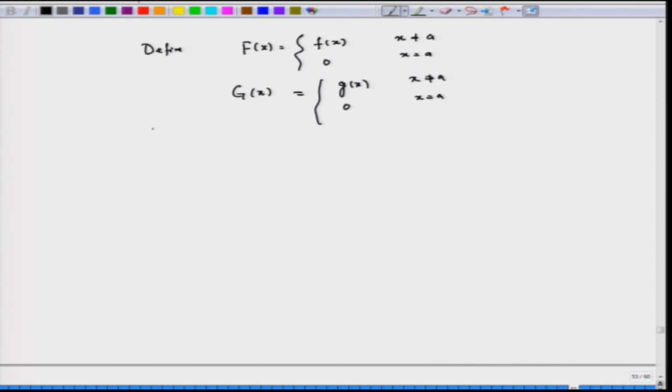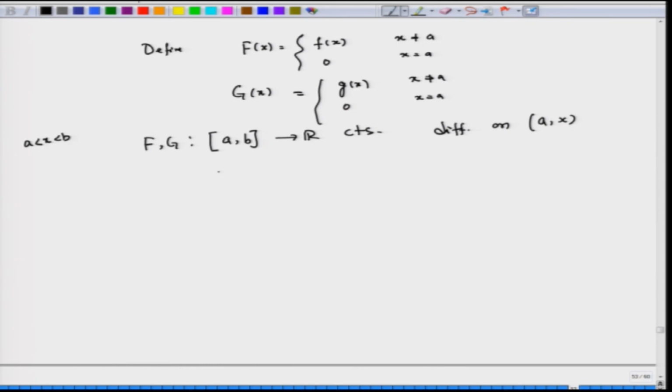Now, let us take both F and G. They are continuous functions from the closed interval a b to R, continuous and differentiable on the open interval. Let me take a less than x less than b.